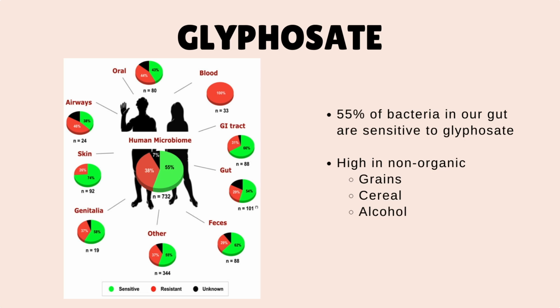So the intrinsic sensitivity of our gut bacteria to glyphosate was found to be 55% sensitive, 38% resistant, and 7% unclassified. Here's a quote from that study. Quote, the EPA, the Environmental Protection Agency, the acting executive agency of the United States, has the highest acceptable daily intake for glyphosate globally, currently set at 1.75 milligrams per kilogram body weight per day.